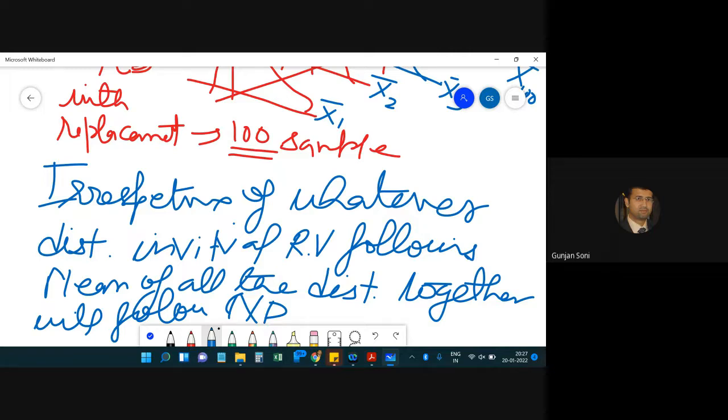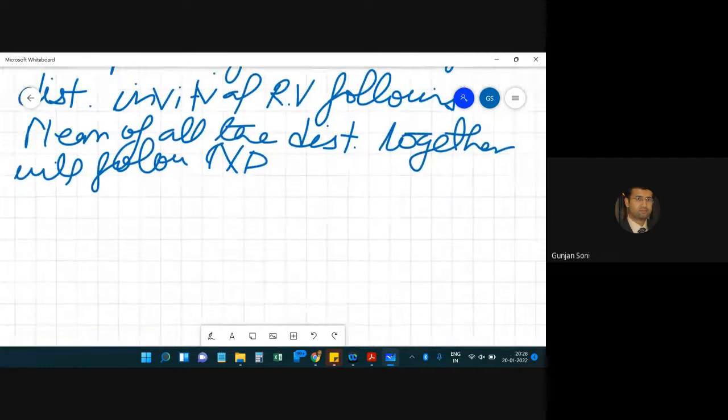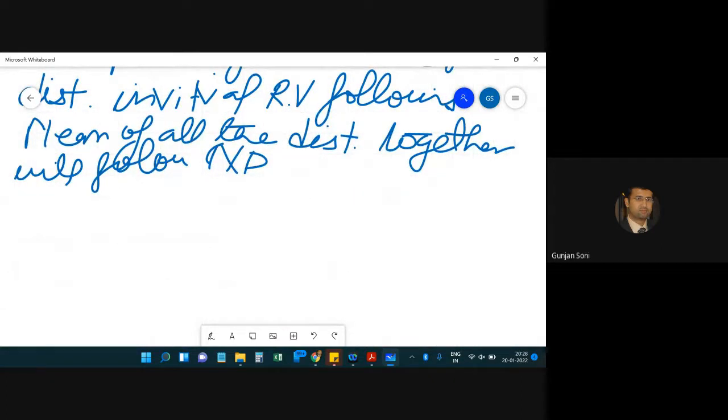So if a random sample of n observations is selected from a population, any population of any distribution, then if n is sufficiently large, the sampling distribution of x bar will be approximately normal. I repeat again, if a random sample of n observations is selected from a population, and if n is sufficiently large, the sampling distribution of x bar will be approximately normal.